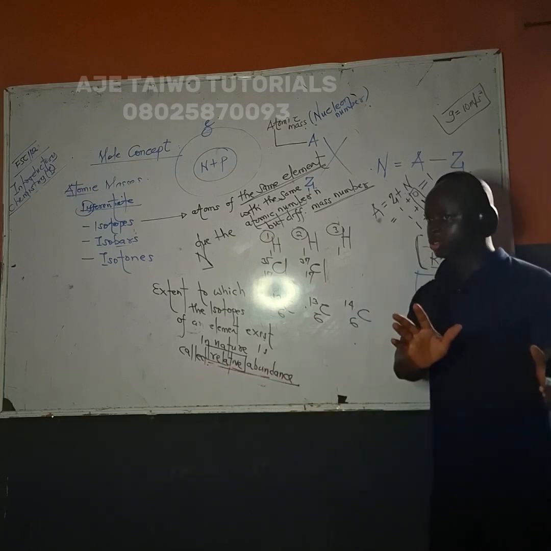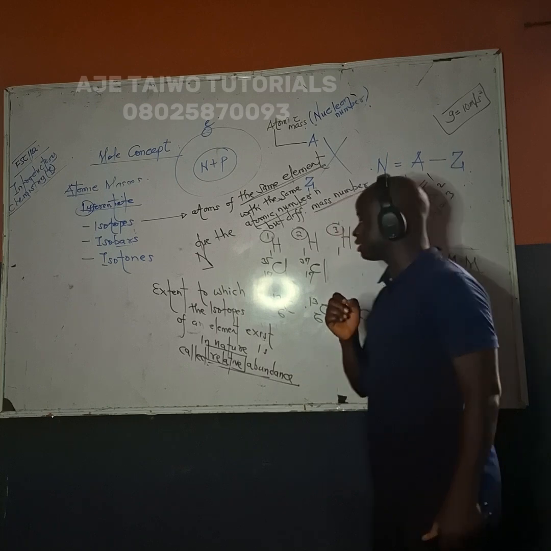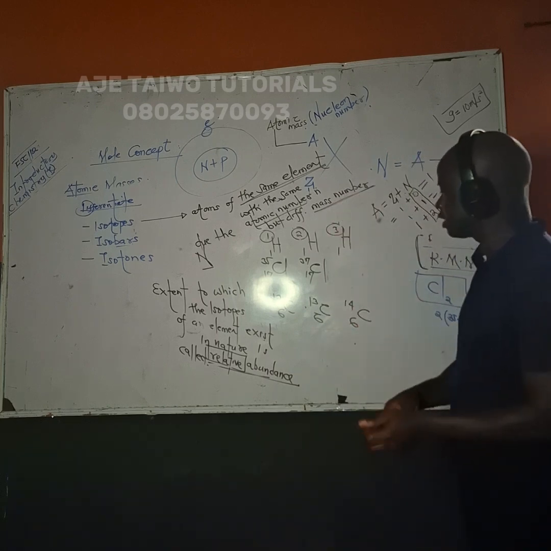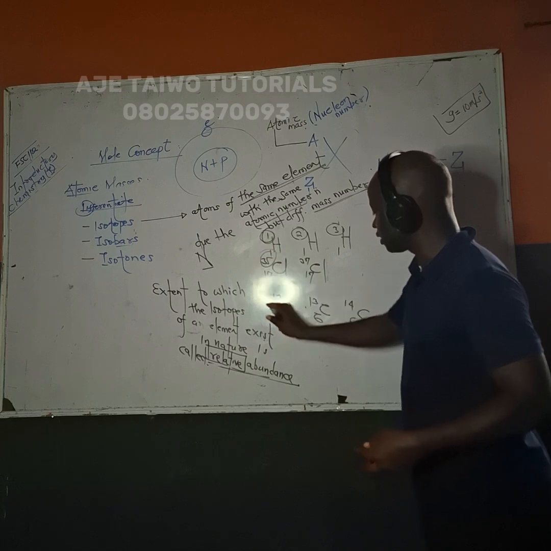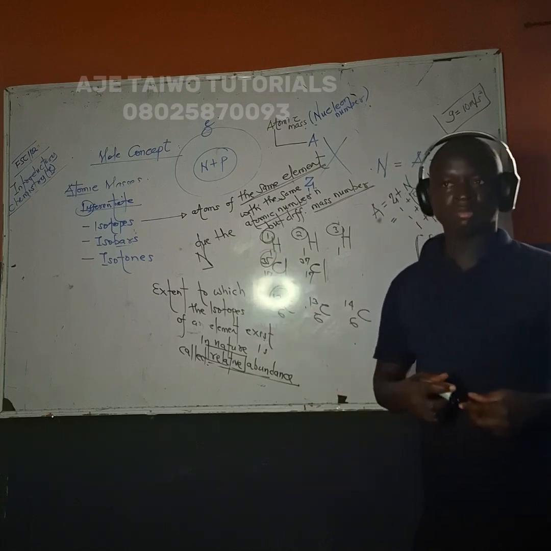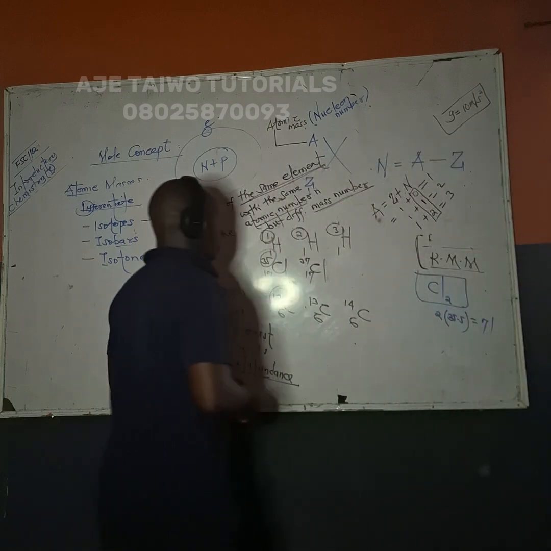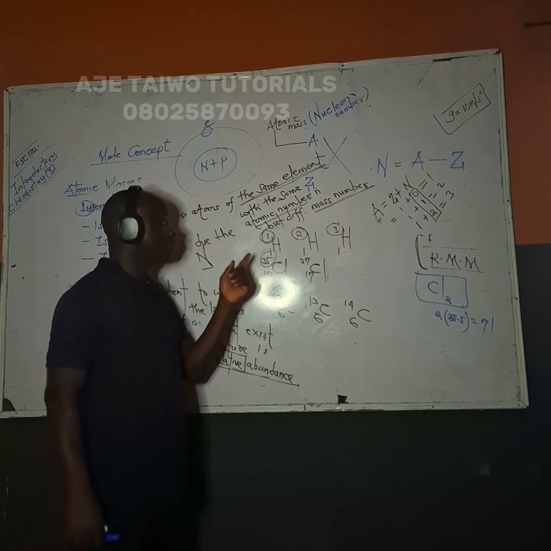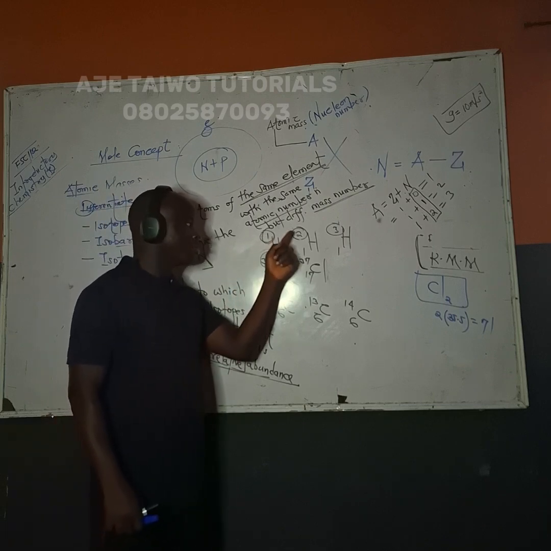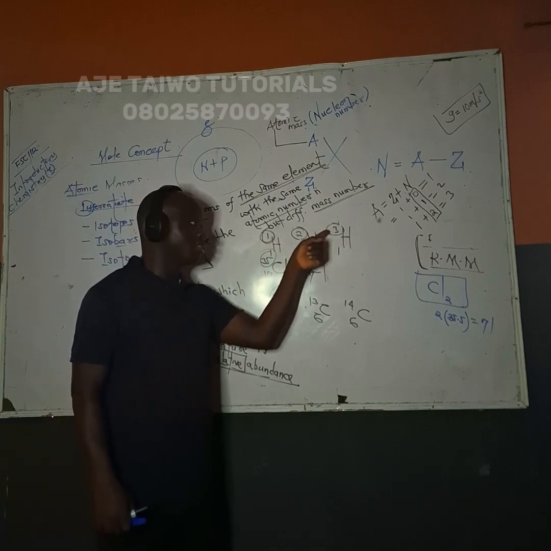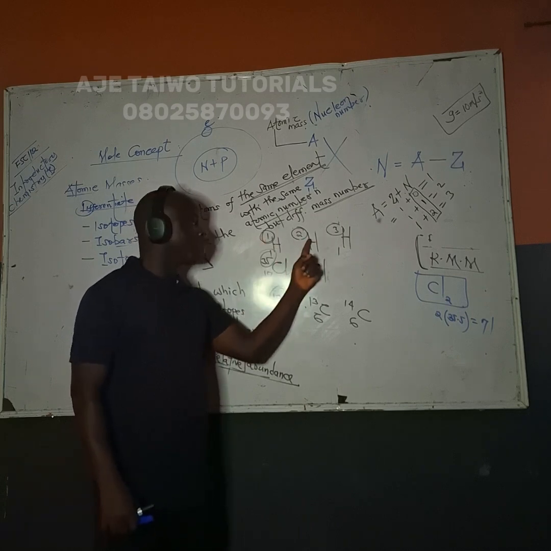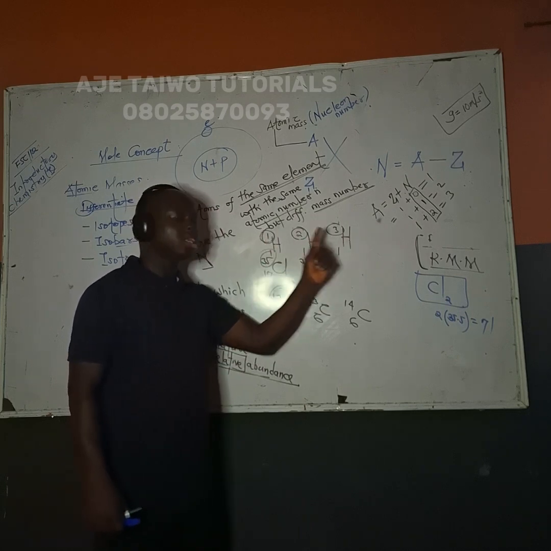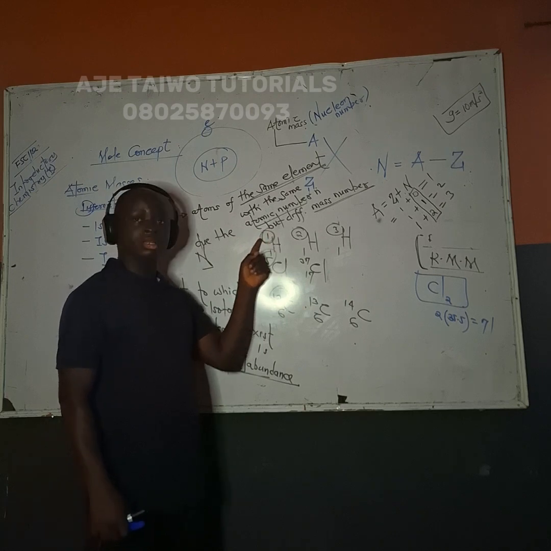Note. The most abundant is usually the one with lower mass. Write it down somewhere. Hydrogen 1, 2, and hydrogen 3. What is the most abundant of these 3? Hydrogen 1.